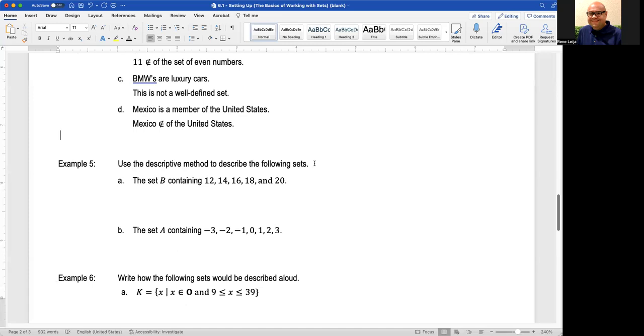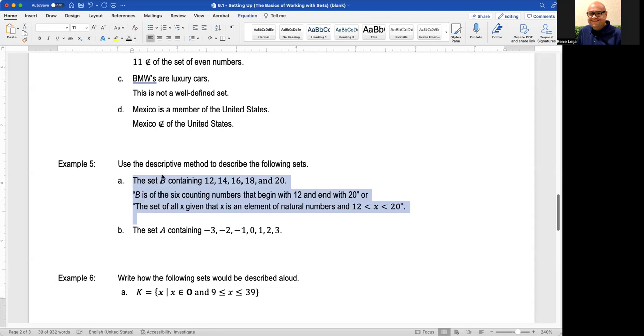Now use the descriptive method to describe the following sets. Now here you have a lot of leeway in how you can answer this. So the set B that contains 12, 14, 16, 18, 20, well, we know that those are even numbers, right? So a couple of ways that you can answer this.